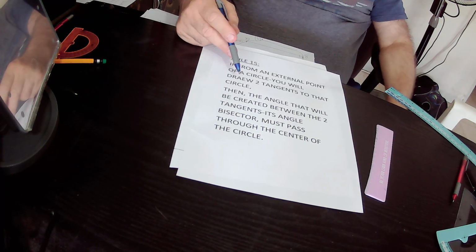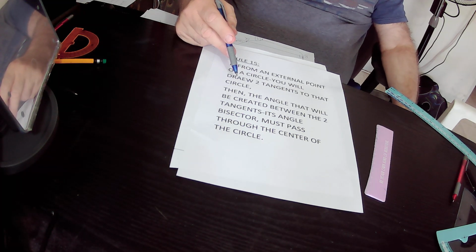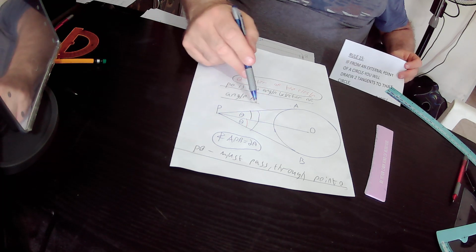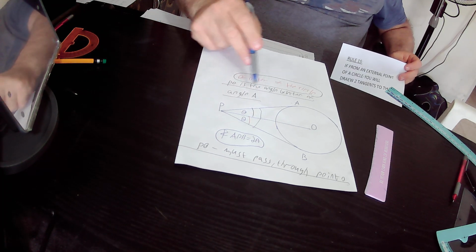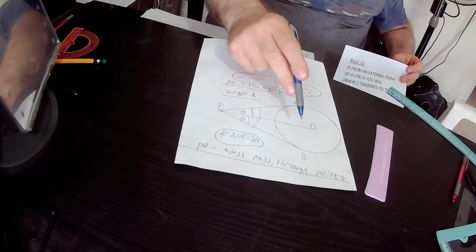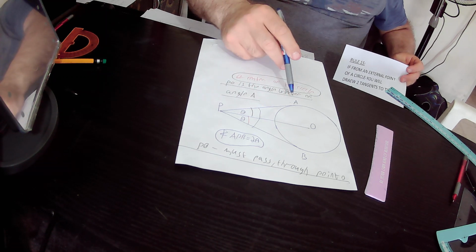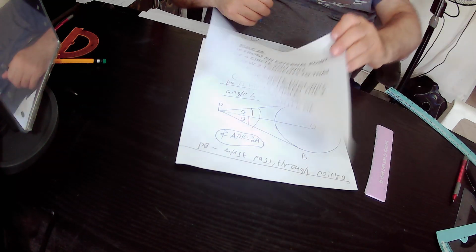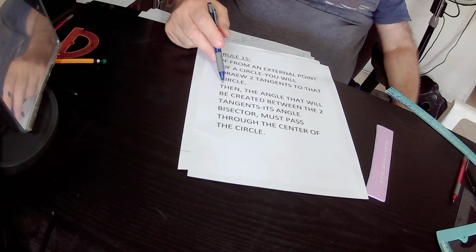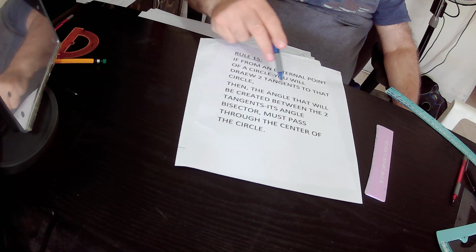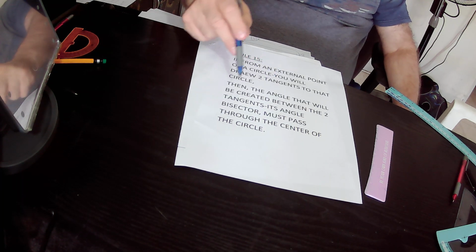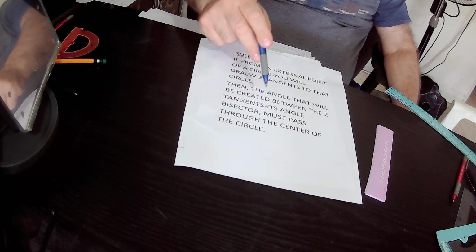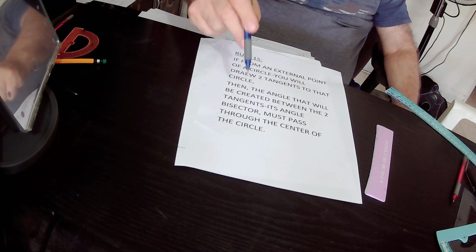Then the angle that was created between the two tangents, angle APB, by drawing the two tangents PA and PB, according to rule 15, its angle bisector must pass through the center of the circle.